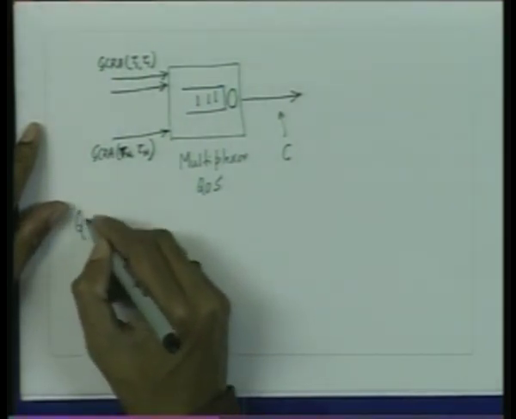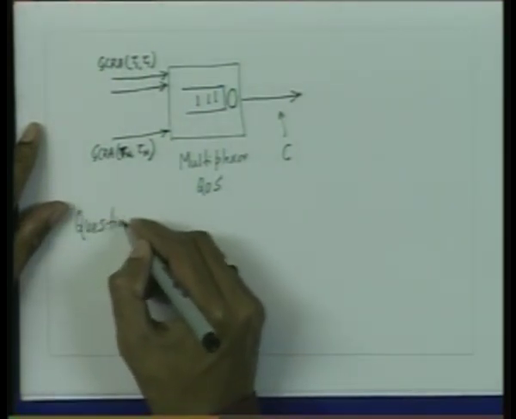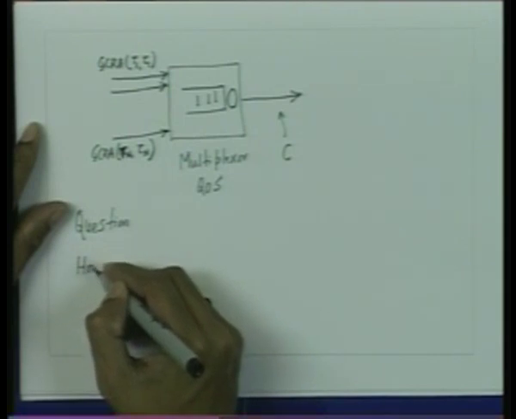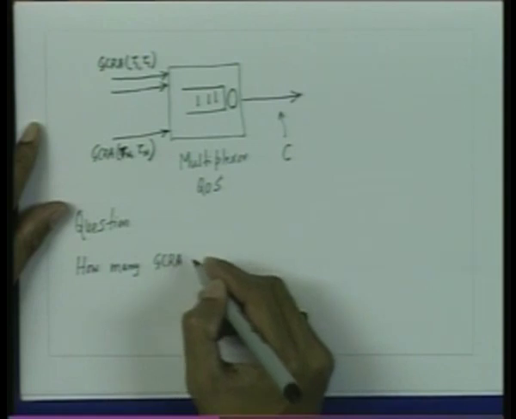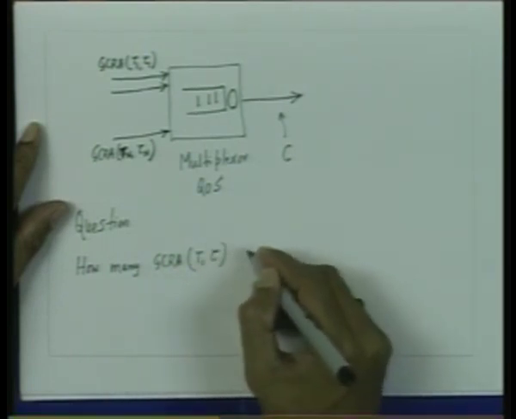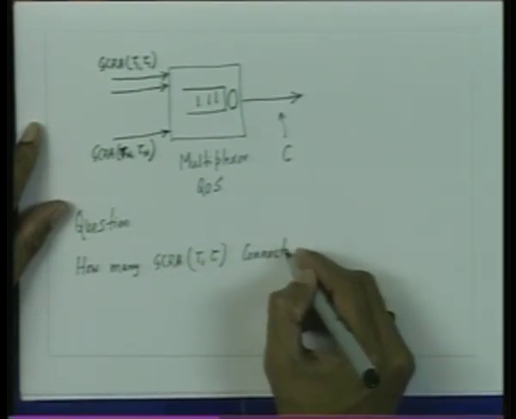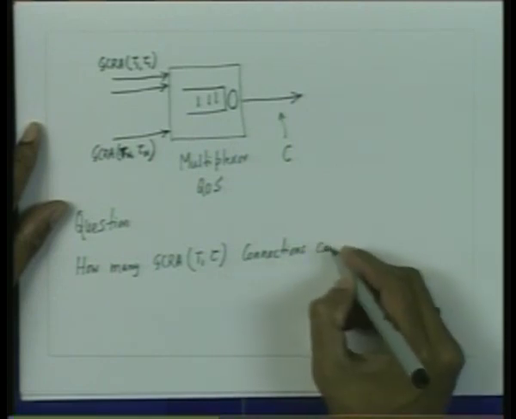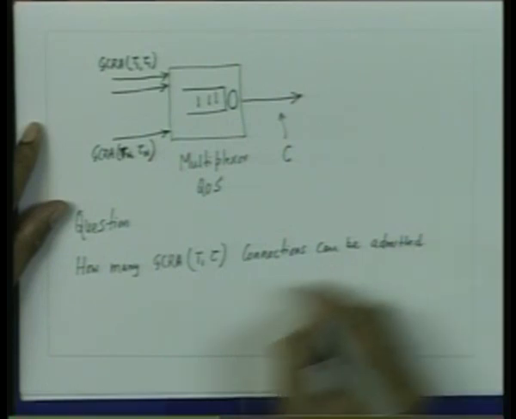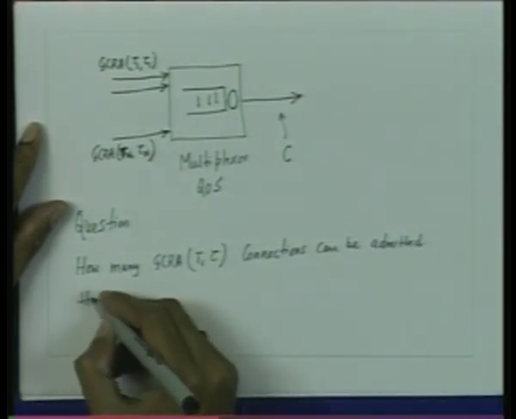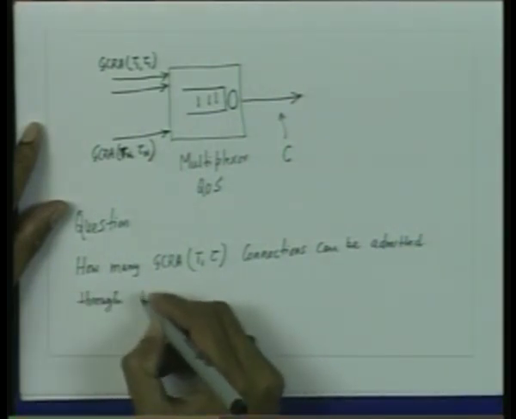So the question that we are asking is how many GCRA T tau connections can go through this ATM multiplexer, can be admitted.